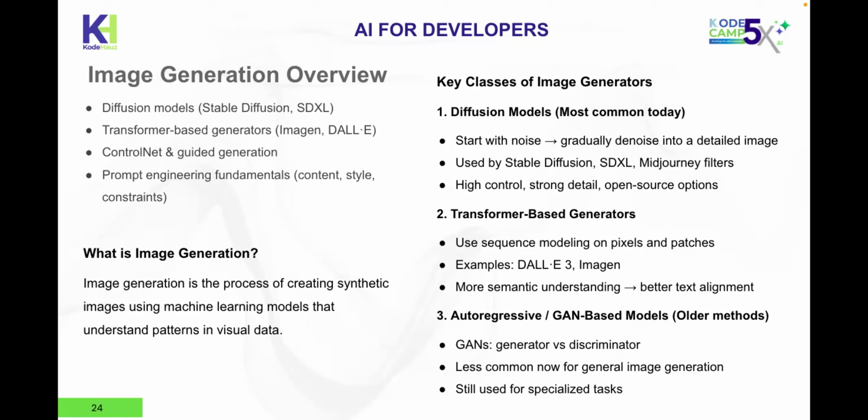The second is the transformer-based generators. A transformer is the latest neural network technology that is based on what we call an attention mechanism, right? So with these, you are basically training a model to use what we call sequence modeling on pixels and patches, right? And then you use that sequence model to basically generate images. An example of a transformer-based generator would be DALL-E.